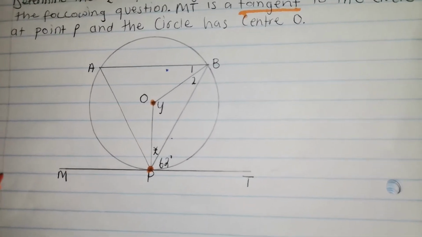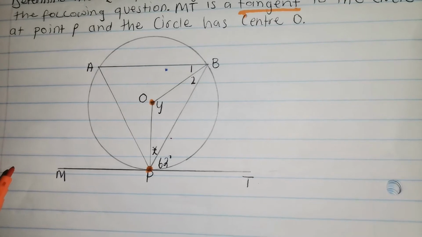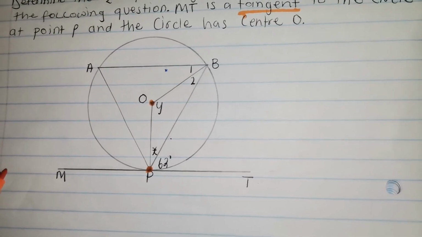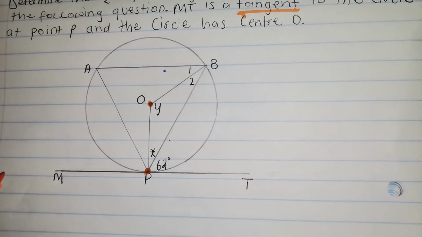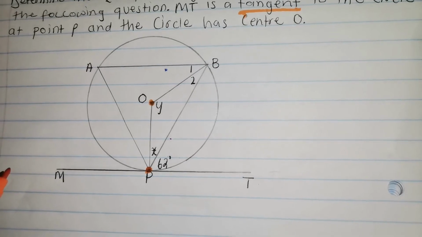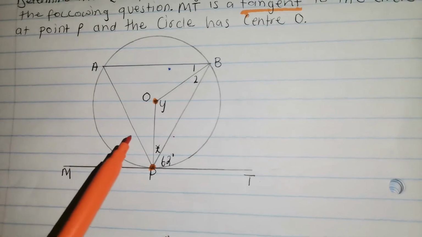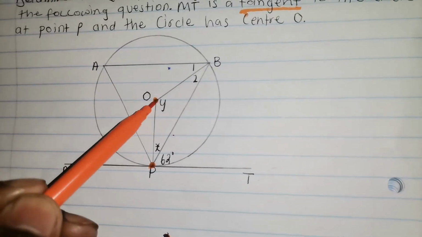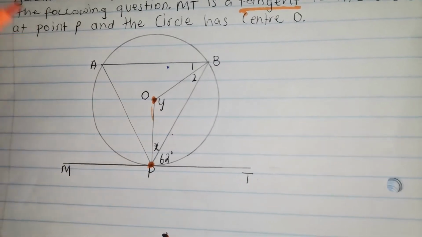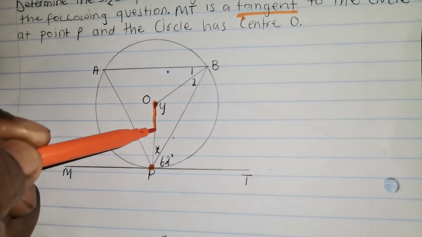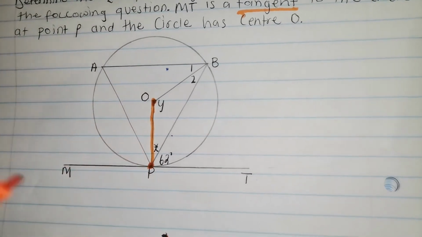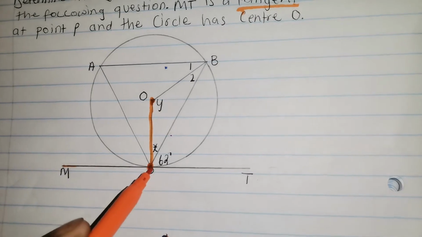So let us explain the tangent chord theorem. Obviously, when I say tangent, you remember the tangent chord theorem. Remember theorem 6 that talks about tangent perpendicular to radius. So in this case, we have a center here and a radius here, and the tangent.